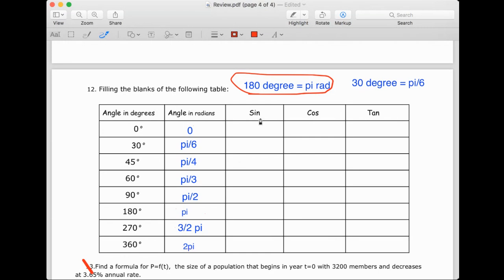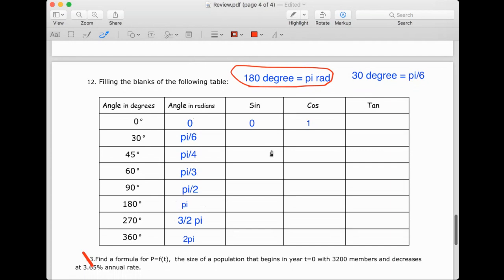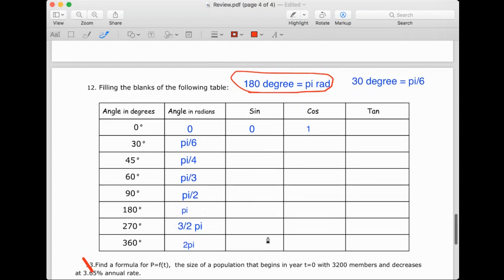Okay, now let's think about the sine values, cosine values are also important to remember. Sine 0 is 0. Cosine 0 is 1. So sine 0 is 0, cosine 0 is 1.